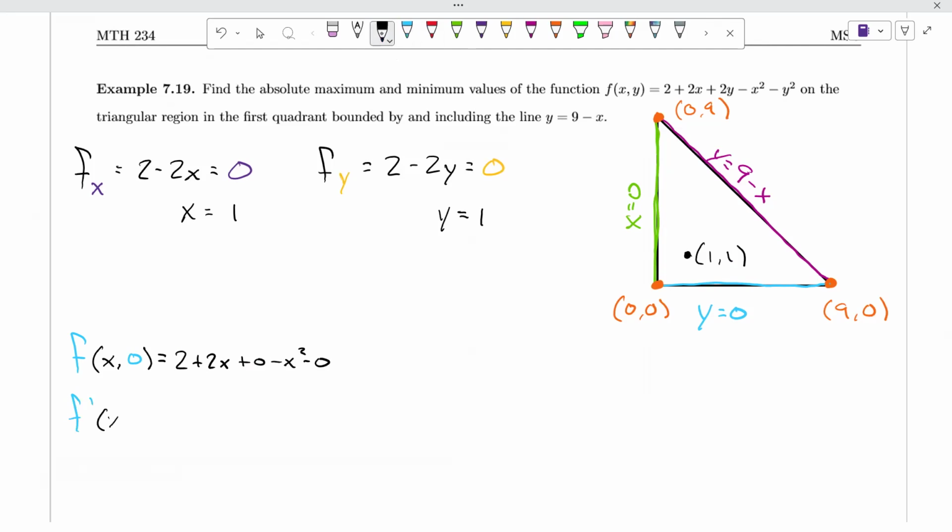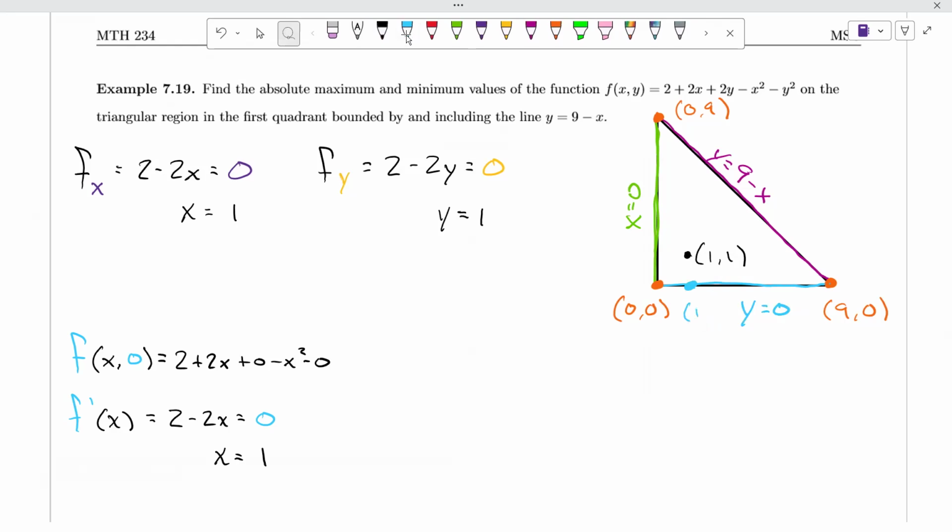F prime of x is, looks like 2 minus 2x equals 0. So x is equal to 1. Again, just like last time. Except this time I'm on that blue line. So my critical point is at 1, 0 this time.